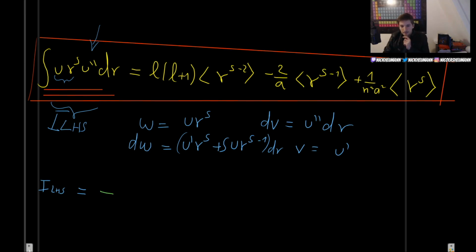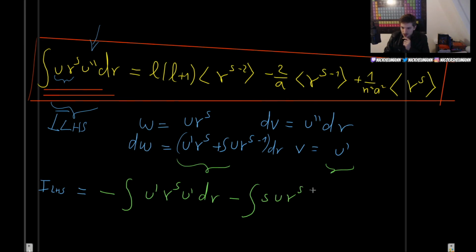So that leaves us at only the second part. So this is going to be minus this times this. And the integral, of course, of U prime R to the S. I'm actually going to separate both integrals now: the integral of U prime squared dr minus the integral of S U R to the S minus 1 U prime dr. So these are our two integrals, and maybe let's write this S right here on the outside, so minus S right there.